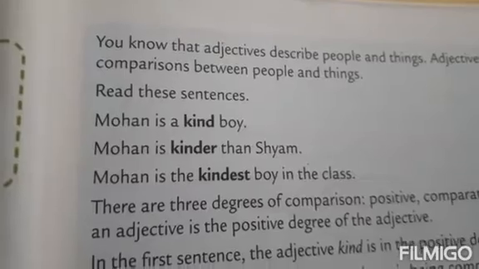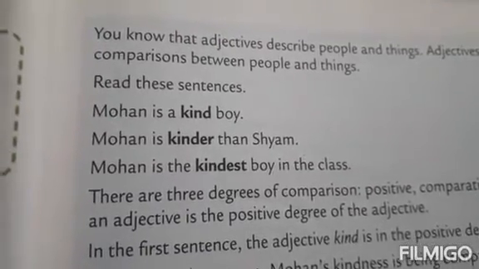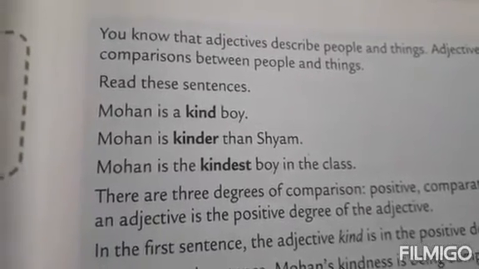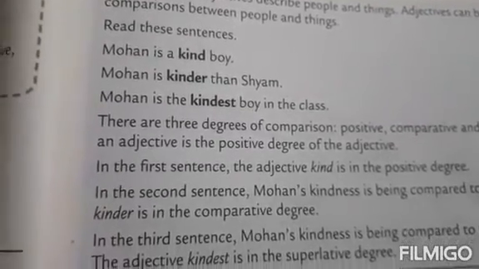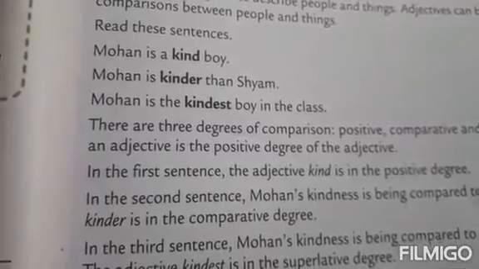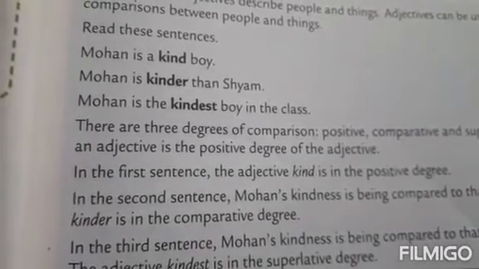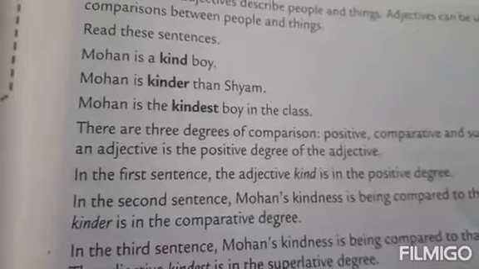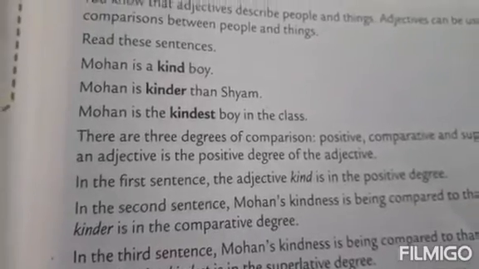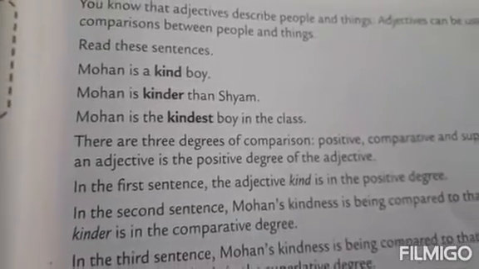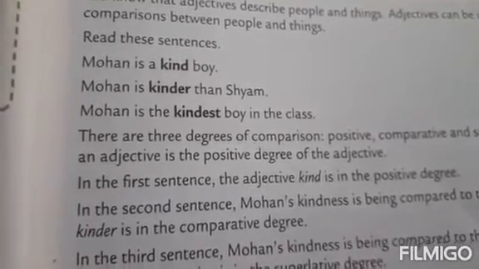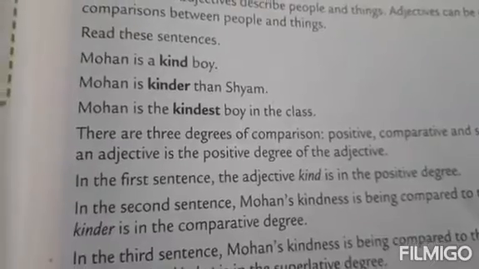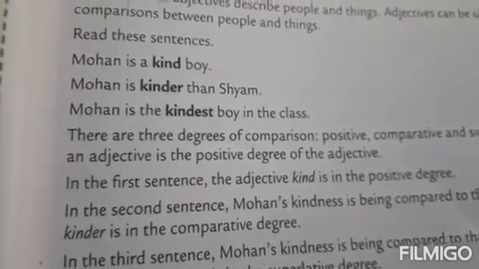Okay, like for example, you can see in your book, Mohan is a kind boy. So here you can see in the first sentence that the adjective kind is in the positive degree. Why is it in positive degree? Because the base form of adjective is known as positive degree, and kind is the base form of adjective.